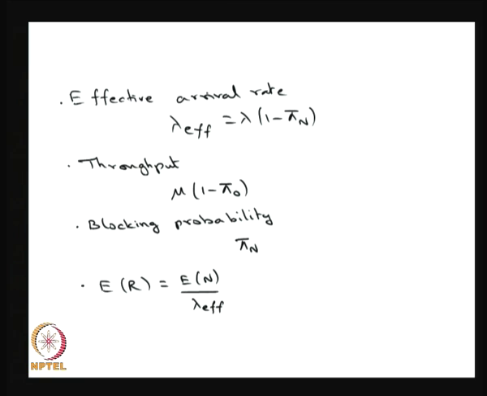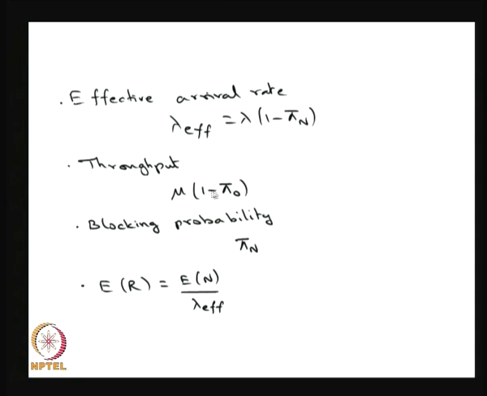And you can also find out the throughput. Throughput is nothing but the rate at which the customers are served per unit of time. The service rate is mu, and this is the probability that the system is not empty, 1 minus pi naught. Therefore, 1 minus pi naught times mu is the rate at which the customers are served in the M/M/1/N system.